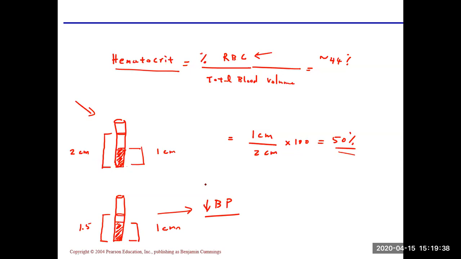This is also the case when you donate blood, but right now we're not donating blood. The patient lost water, went to the marathon, pushed themselves to the limit, didn't get hydrated before or after, and it was a hot day, and hours and hours of running caused the blood pressure to go lower.